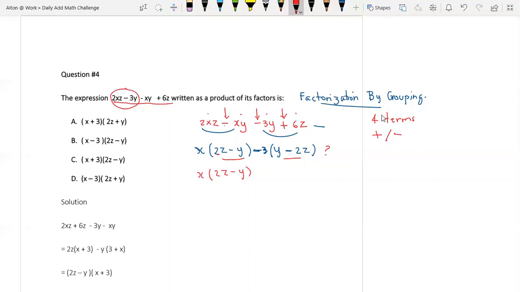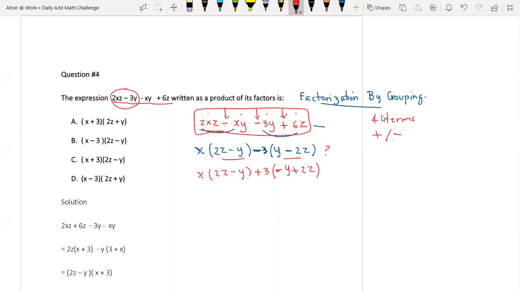So if taking out minus 3 did not work, we need to consider factoring out plus 3. So if we take out plus 3, and of course the original expression we are looking at is up here, you are left with minus y, because plus 3 by minus y gives you minus 3y. And if you take out plus 3, you are left with plus 2z.